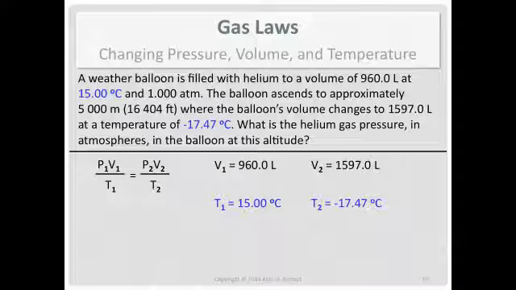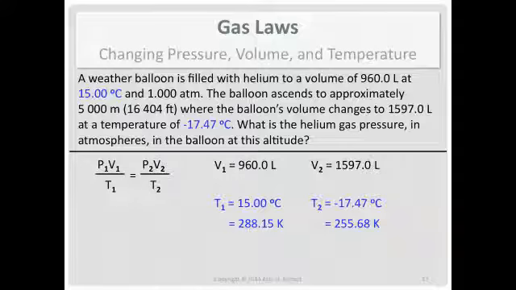The reason why you're given Celsius in a lot of these problems is Celsius is a very common temperature unit. But you need to work with the absolute scale because you have to know where 0 really is, and you don't get that with Celsius. The offset from Celsius to Kelvin is 273.15.